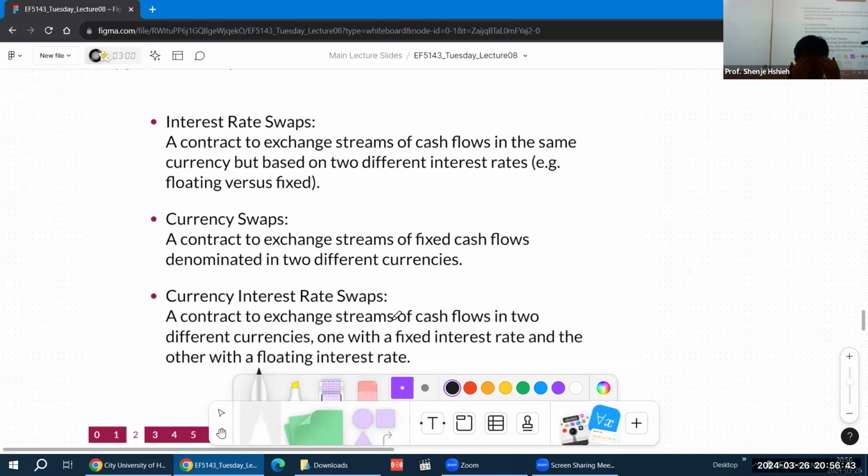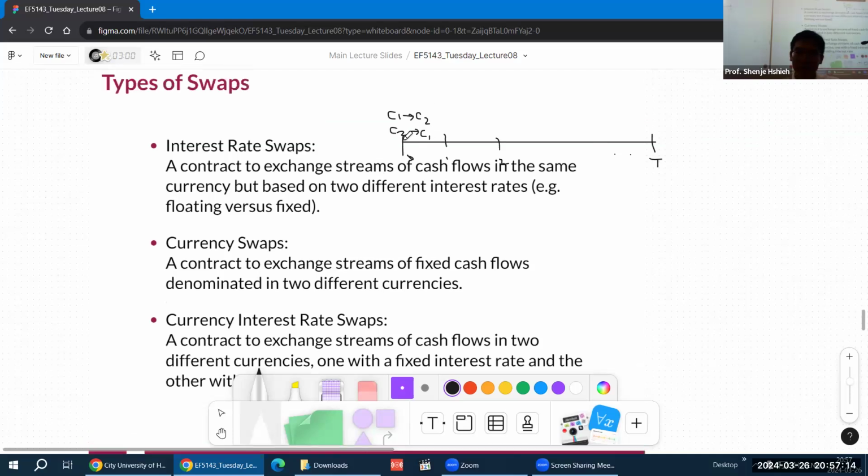So let me give you how I visualize swaps using a timeline in the next few slides. What I will usually do is draw a timeline from 0, 1, 2, all the way to time t. And I will say counterparty 1 will give something to counterparty 2, and counterparty 2 will give something to counterparty 1.